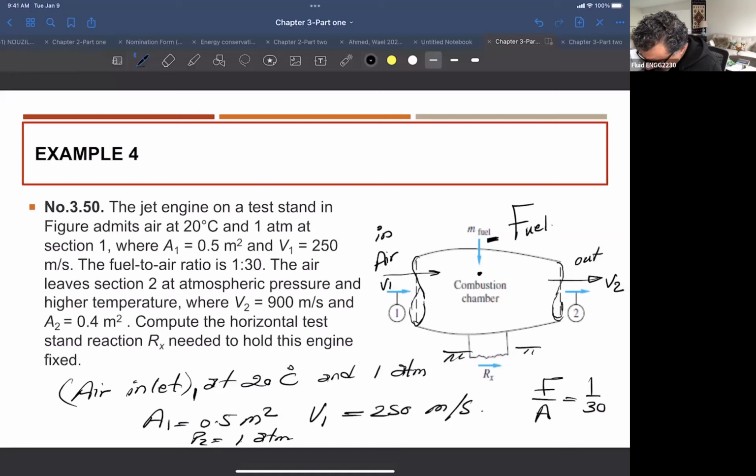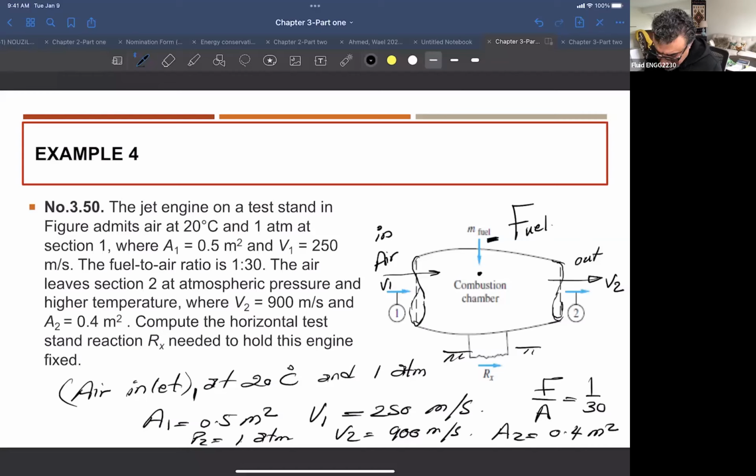V2 is 900 meters per second, okay? And the area A2 is 0.4 meters squared. It happens to be almost like a nozzle here, so the area is reduced to 0.4 meters squared.